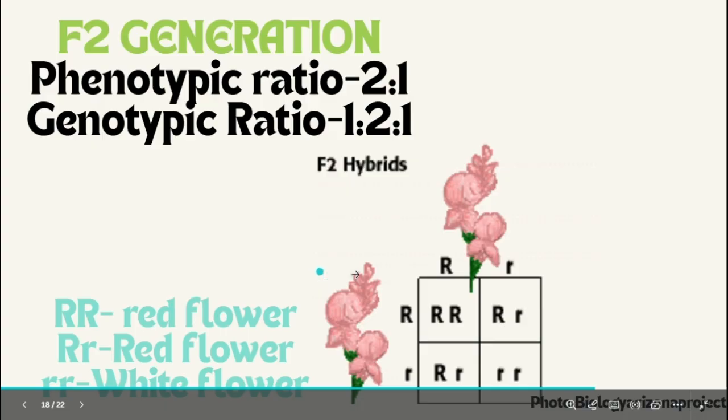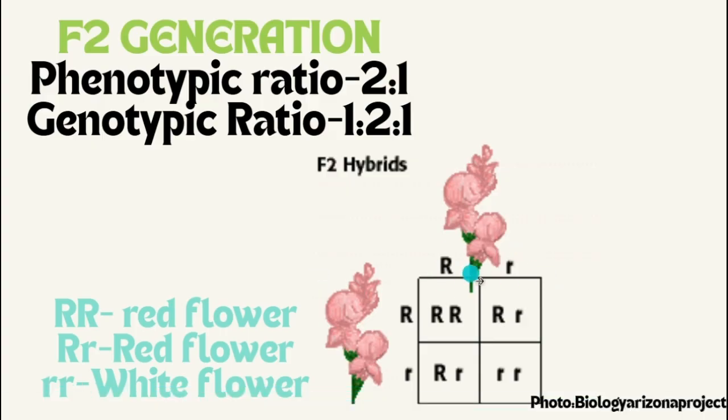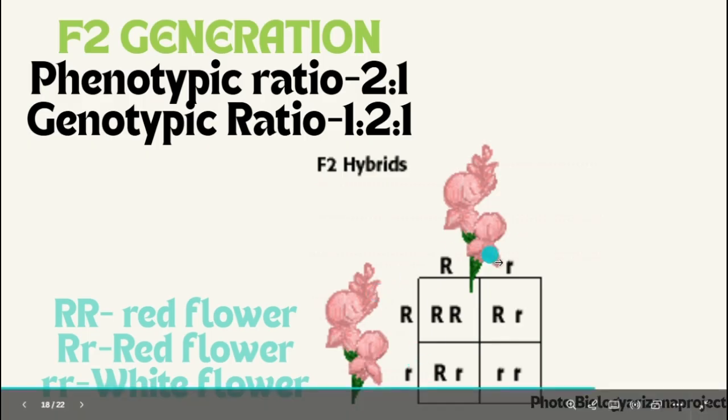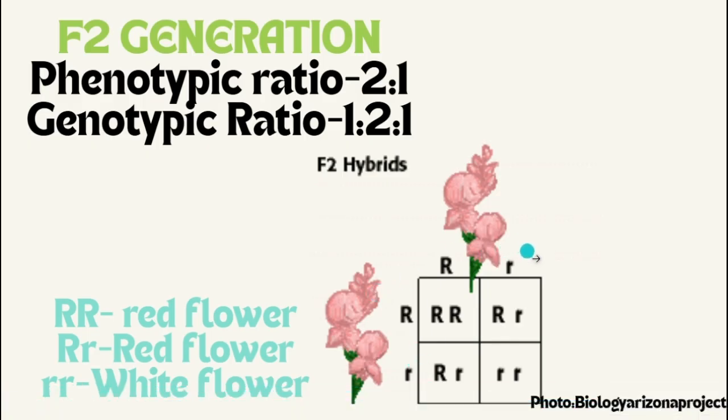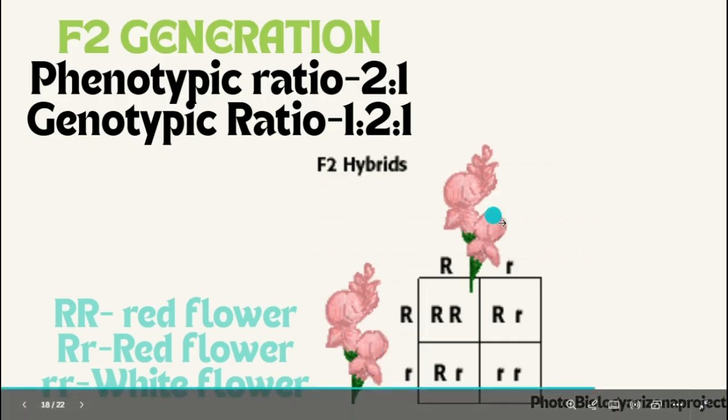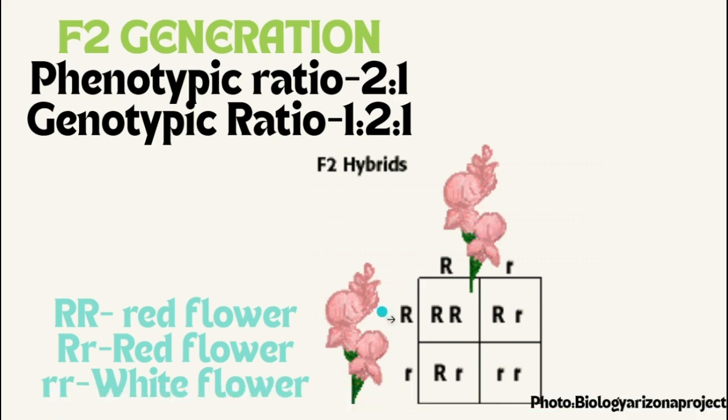Little r is white flower, which is recessive. So if we cross two heterozygous, big R little r and big R little r, we're crossing two red flowers. Both parents look red. What do you think could happen?